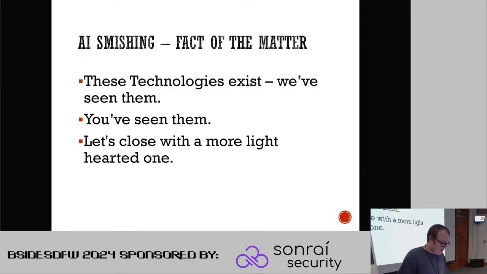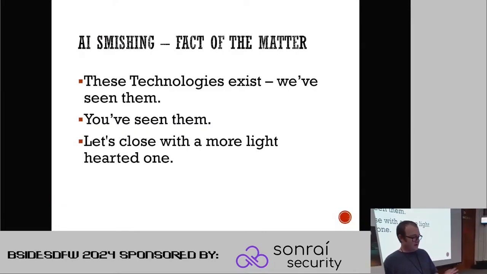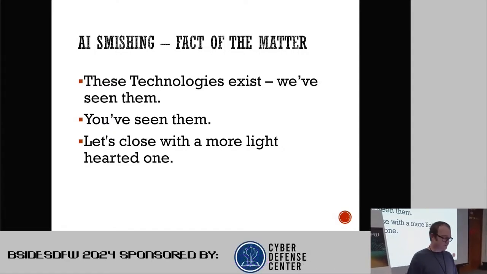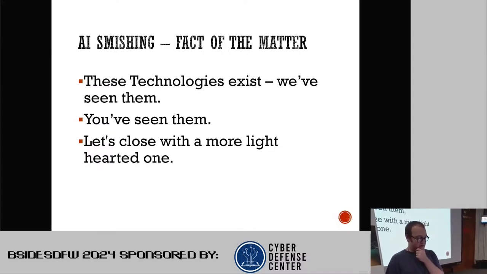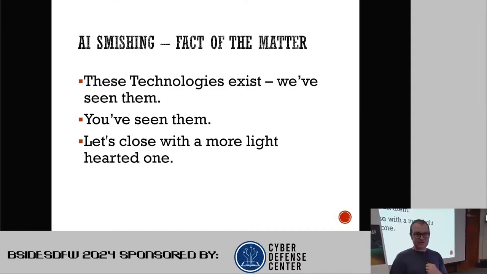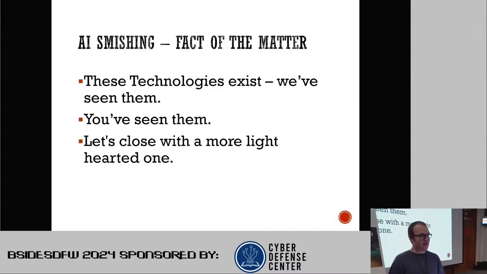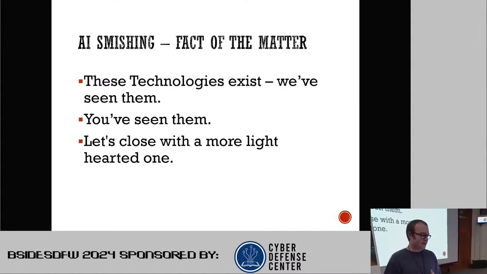So that's getting close to the end of really what I had to show right now. So here's the facts of the matter. They exist. We know they're in some commercial products using AI for email phishing. We've all gotten SMS messages that are most likely backed by ChatGPT in one way or other, or some language learning model rather.